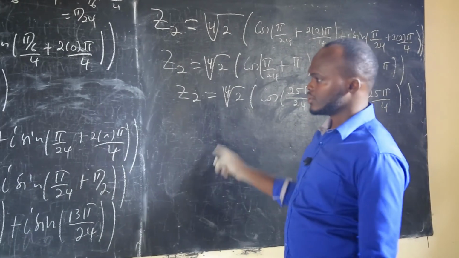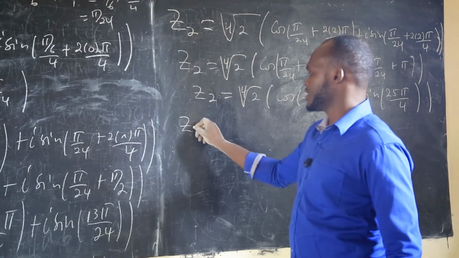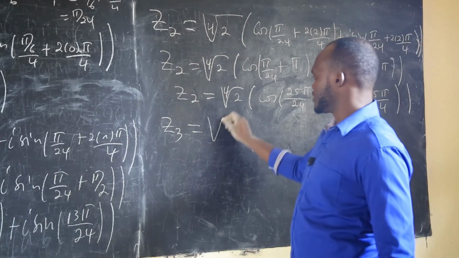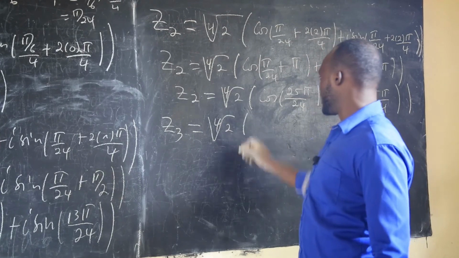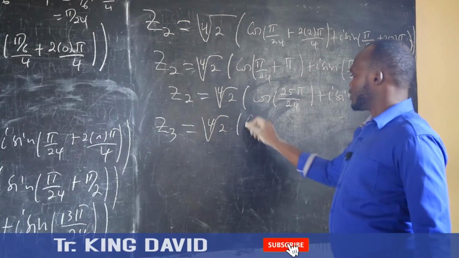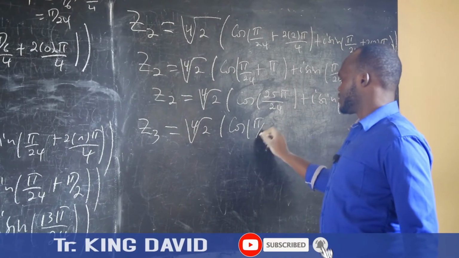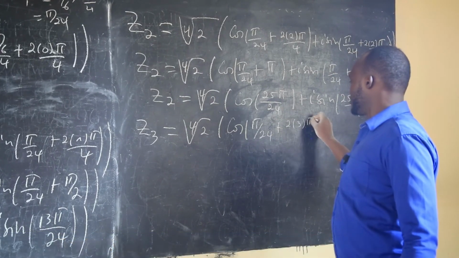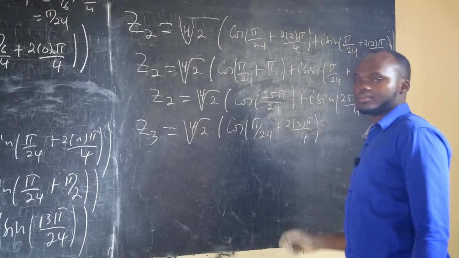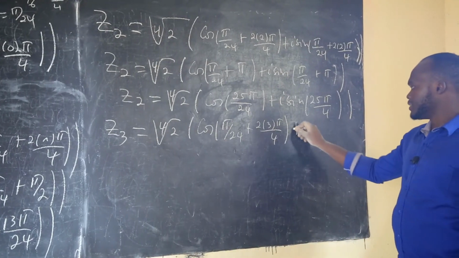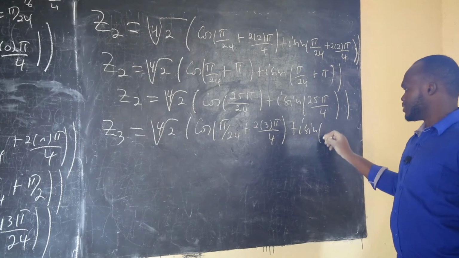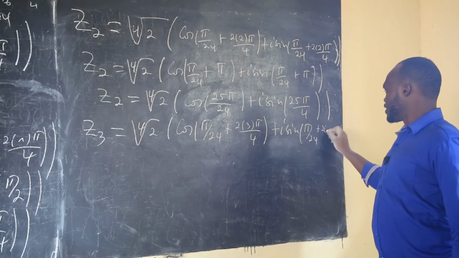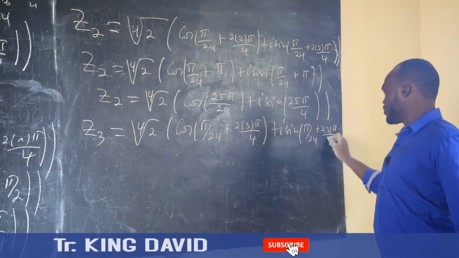So that is z2. Let's go to z3, which is the last one. It is the fourth root of 2 into bracket cos pi over 24 plus 2 into bracket 3 pi over 4, plus I sine pi over 24 plus 2 into bracket 3 pi over 4.